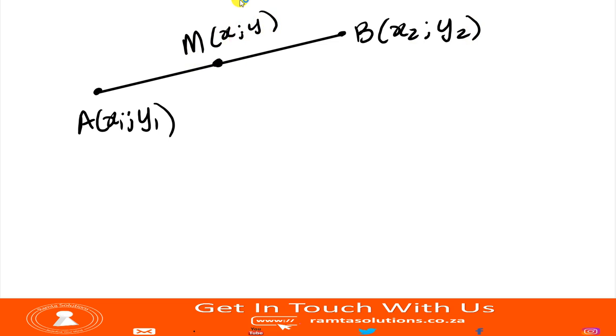We said the midpoint is the central point between the 2 points, right? So the distance AM is equal to the distance MB. Do you guys get that?